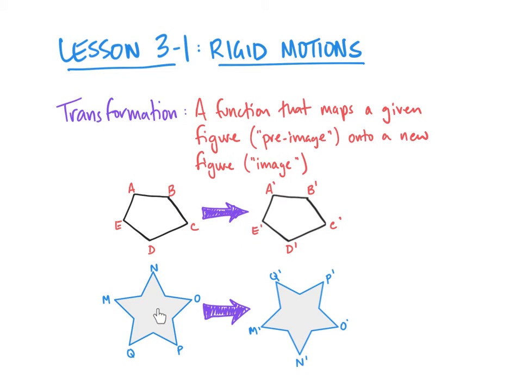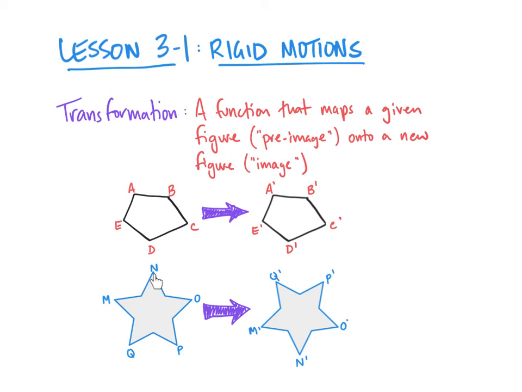Now down here I have maybe a little bit more complex transformation. It's actually going to be a series of two different transformations. I took this star, and of course I labeled all the corners of the star so you can keep track of what happens to them. The first thing I did was I slid it over. But you can see I didn't stop there because this doesn't look exactly like this. After I slid it over, I flipped it over.